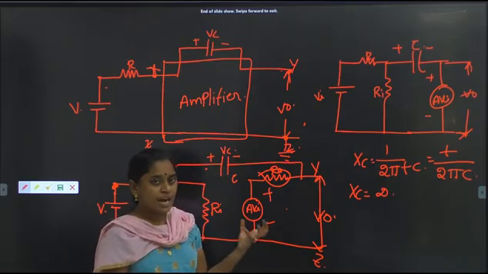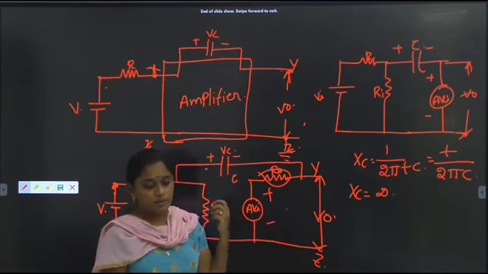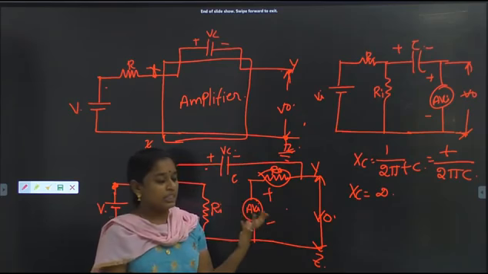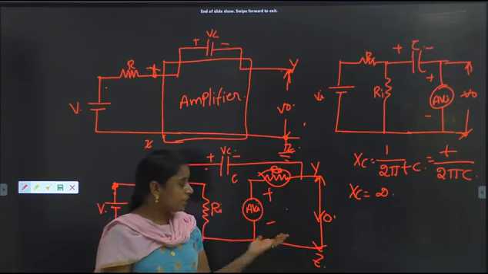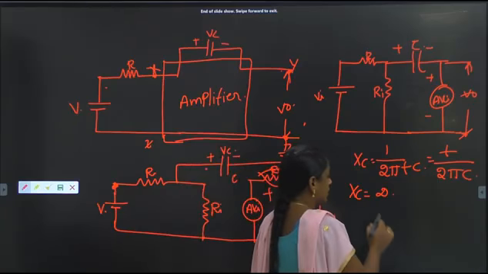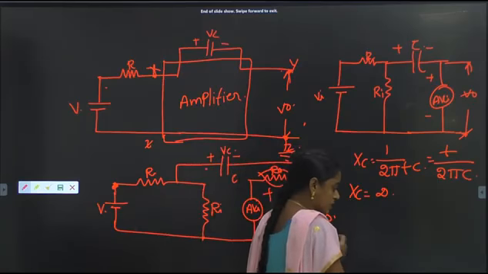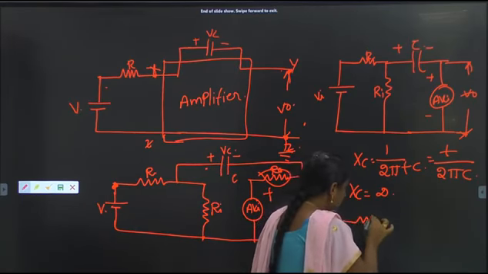So when T is equal to infinite, the reactance of the capacitor will be infinite. That's why it can be replaced with the open switch. So I have to redraw this circuit.